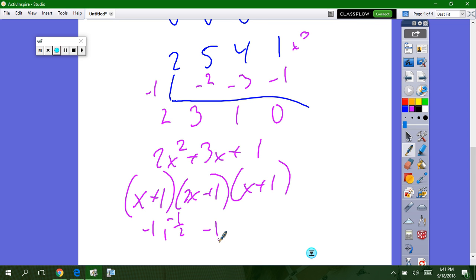Pretty cool, huh? You're confused? Well, first off, this guy factored into these guys. You with me there? But this guy is right here, because I already know he's a factor because he became 0 remainder. Does that make sense?